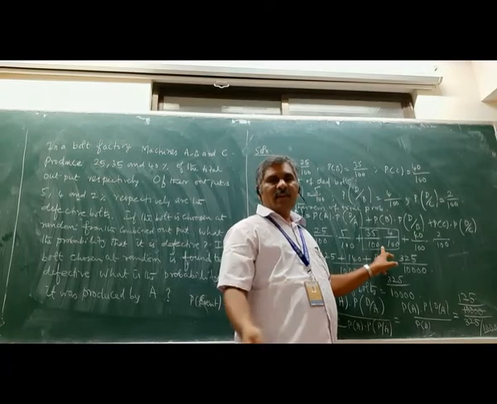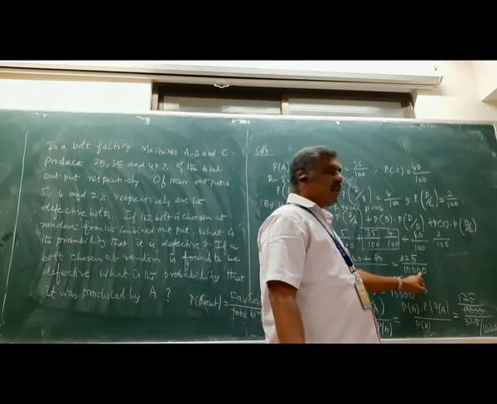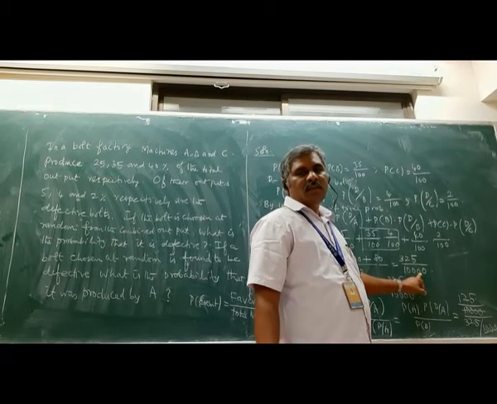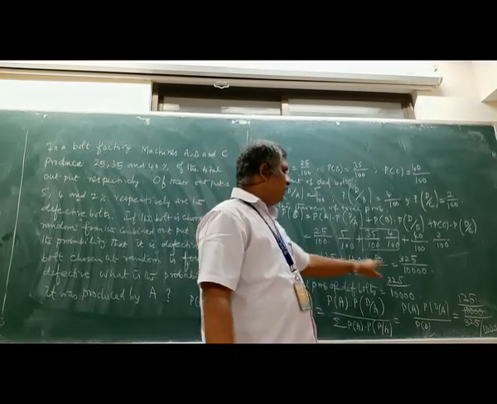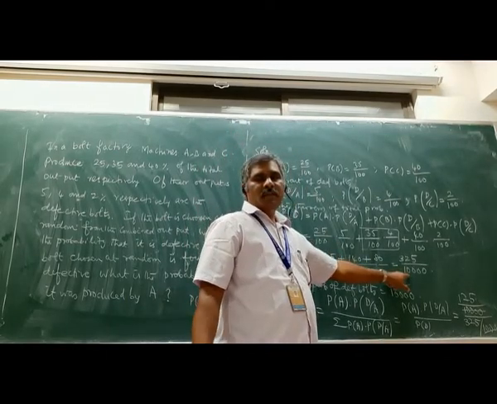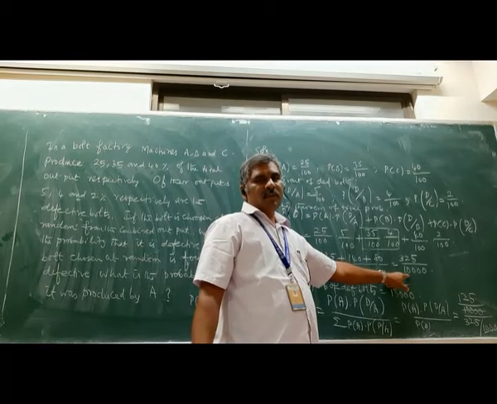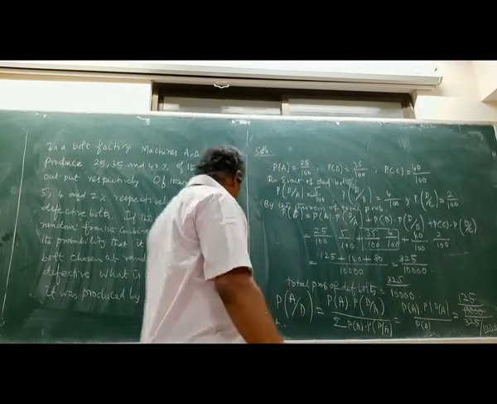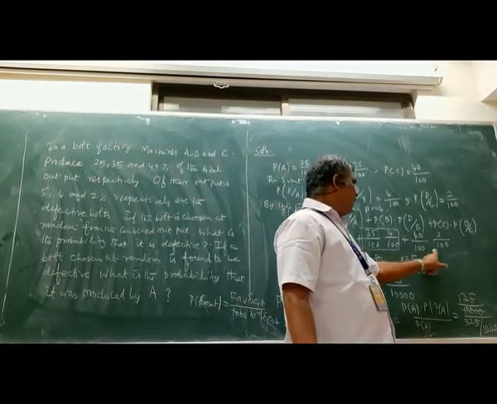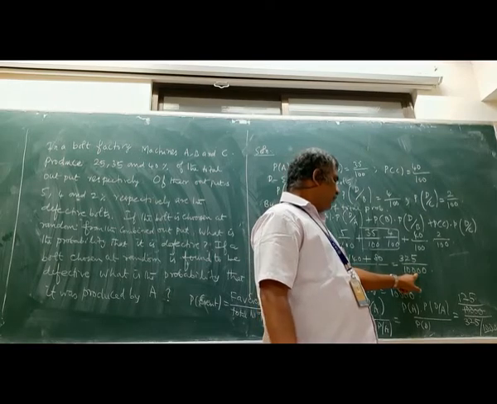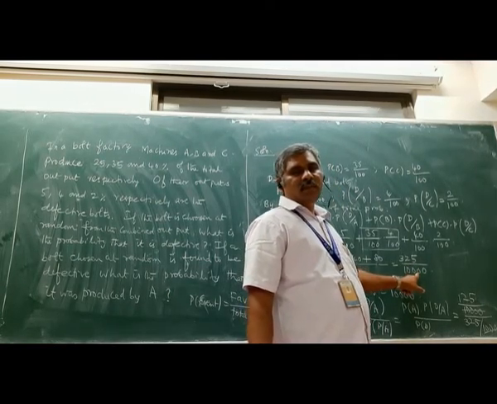So second term divided by whatever you get in the theorem of total probability. It was produced by A means first term divided by that same value. Similarly, it was produced by C means the last one divided by whatever result you get at the end of the theorem of total probability.